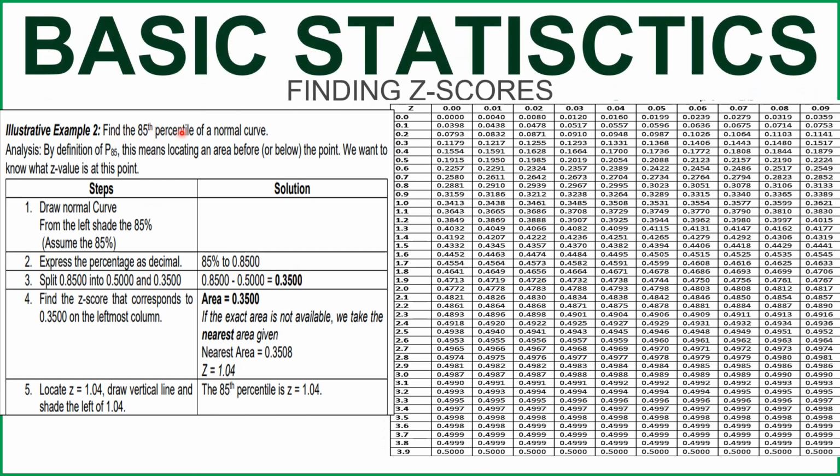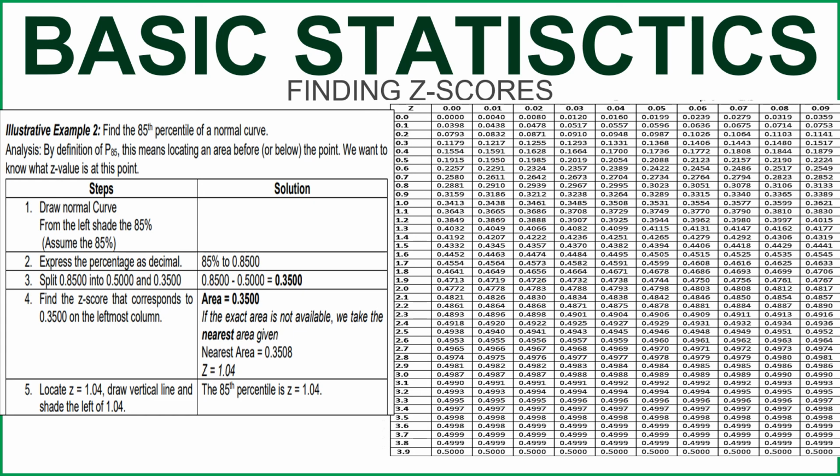Find the 85th percentile of a normal curve naman. So, by definition, that is P sub 85. This means locating an area before or below the point. We want to know what z value is at this point. So, first one is you draw normal curve from left, shade the 85%.